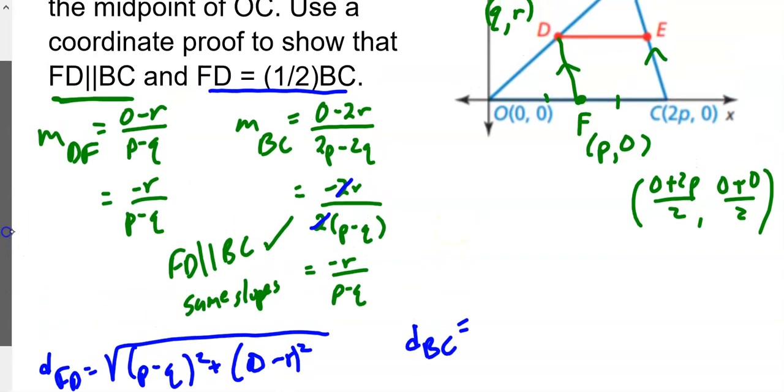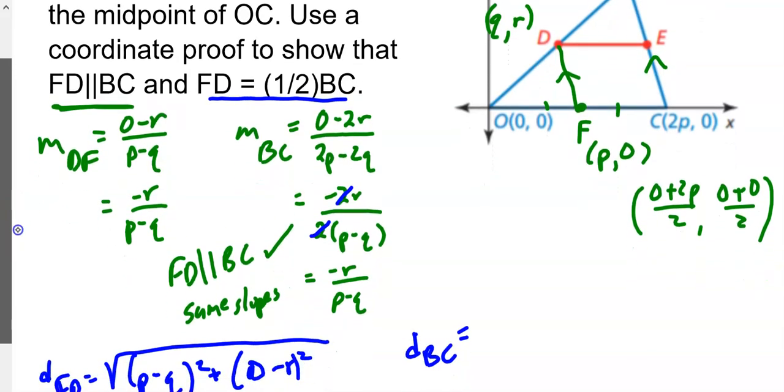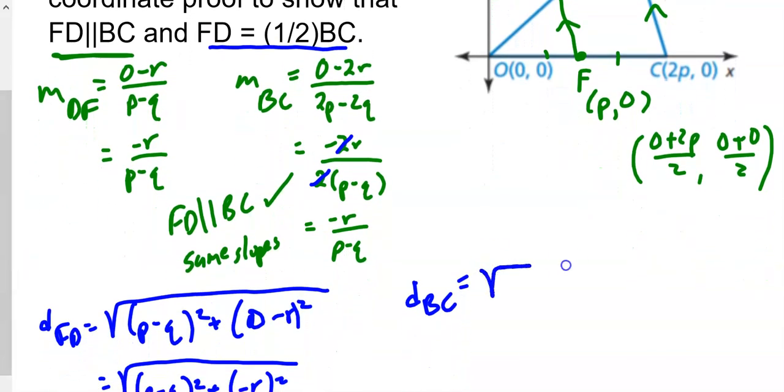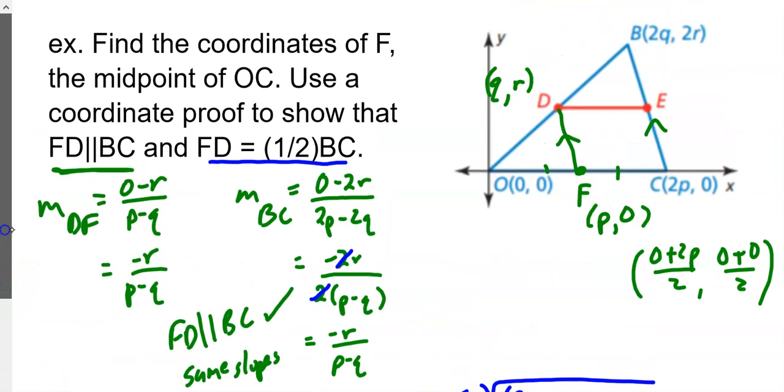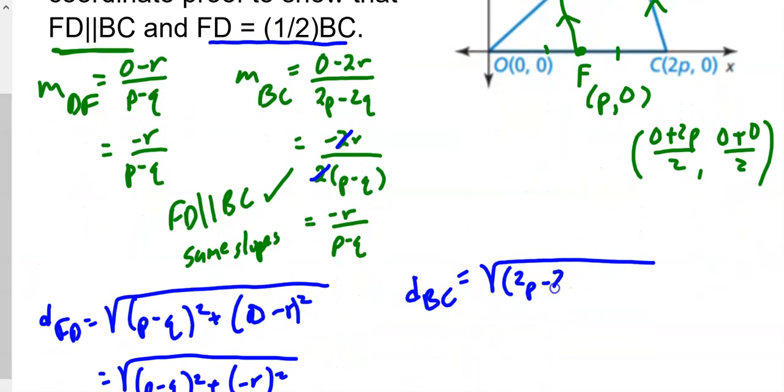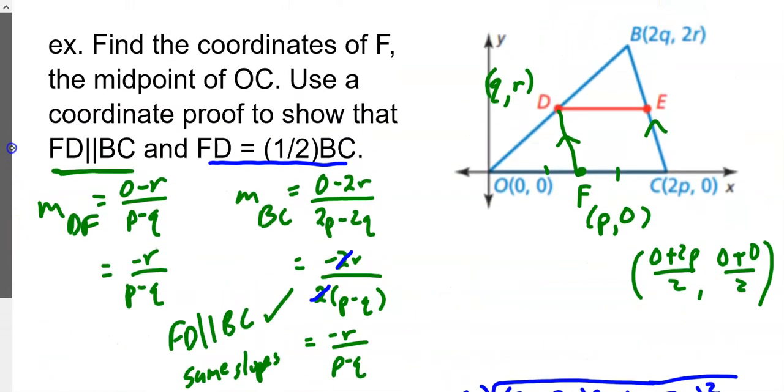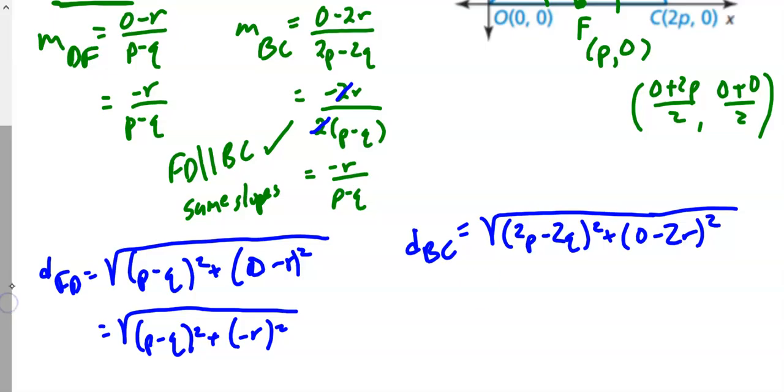So BC in this case, that's going to be 2P minus, I believe it's 2Q, yes, 2Q squared plus 0 minus, and I believe that was 2R squared. I'll double check that. Yes. Okay, so let's go ahead and simplify.